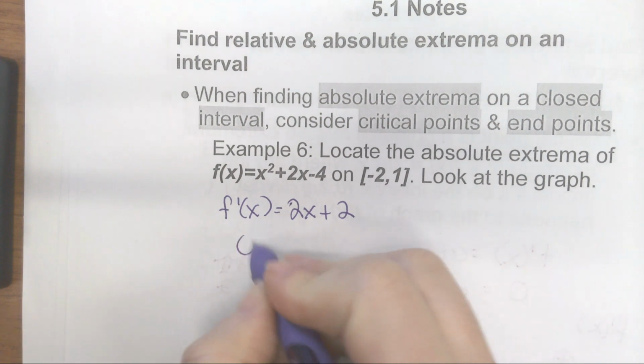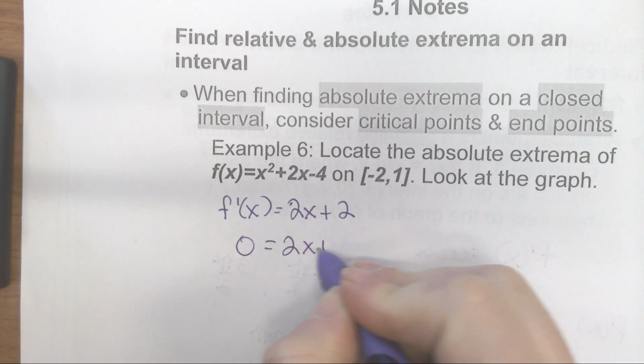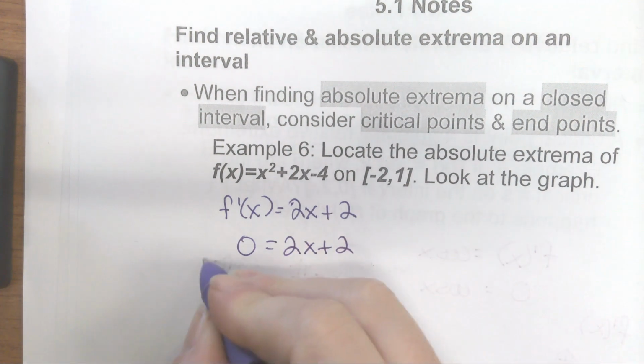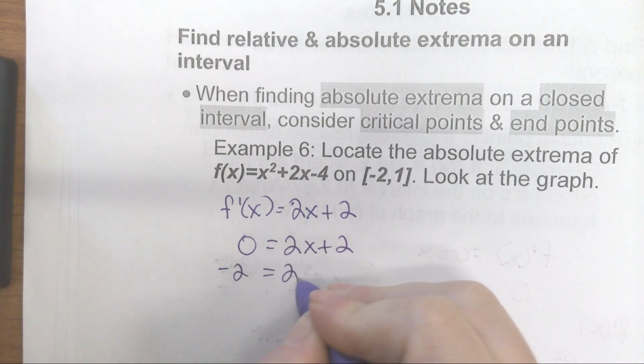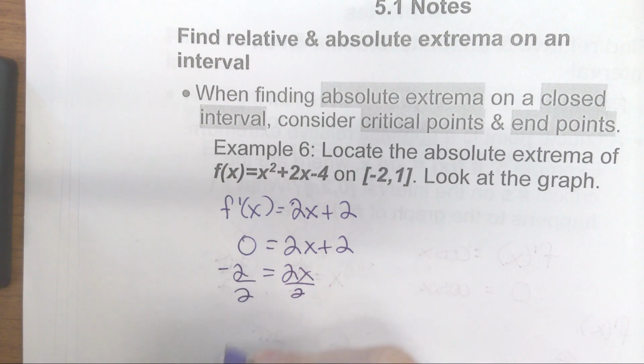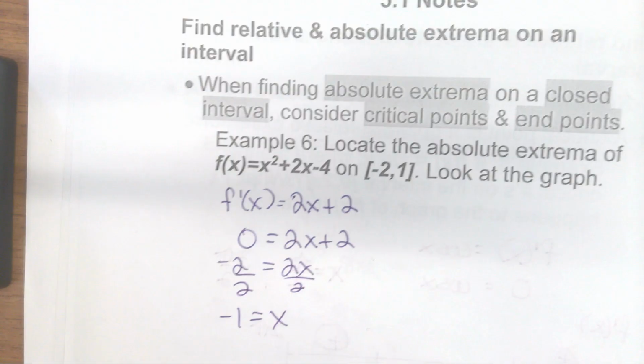And this can never be undefined, correct? Okay, so we subtract 2, divide by 2, negative 1 equals x. So that's a critical value.